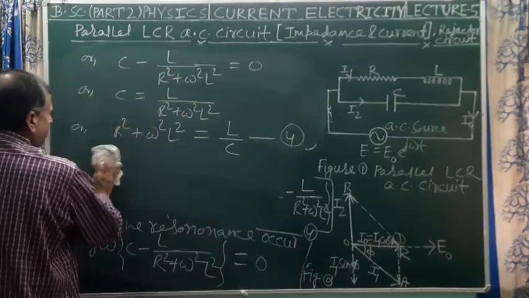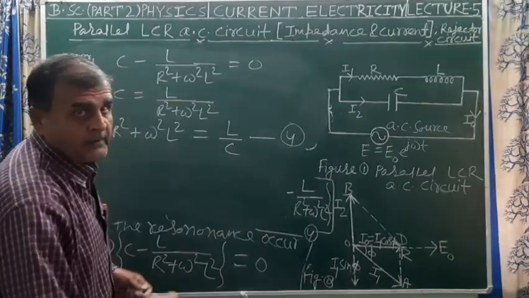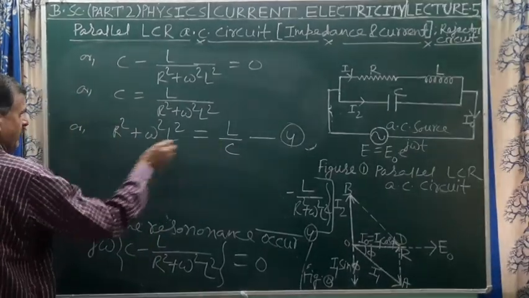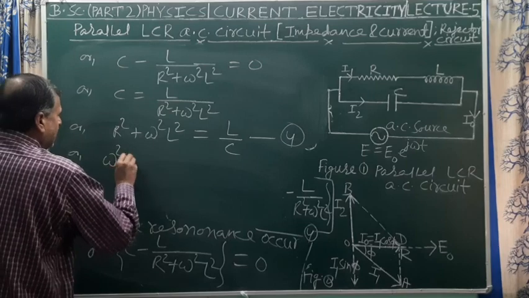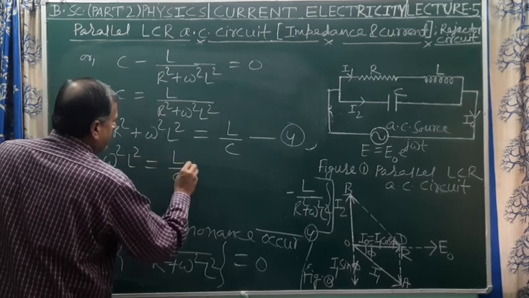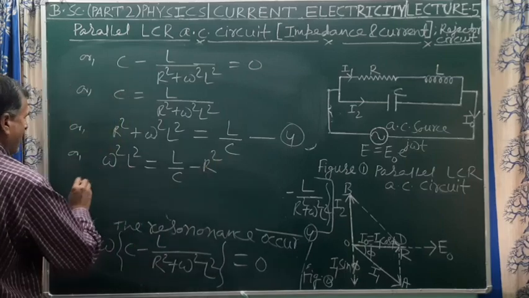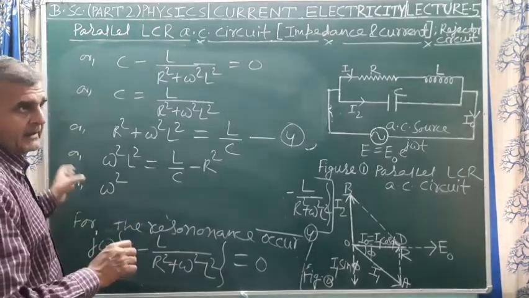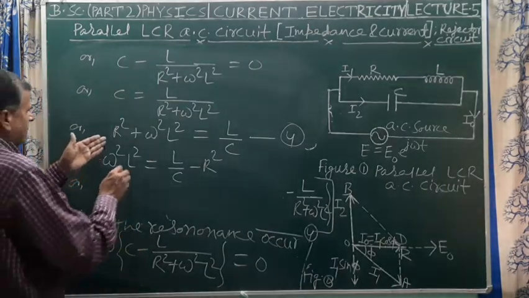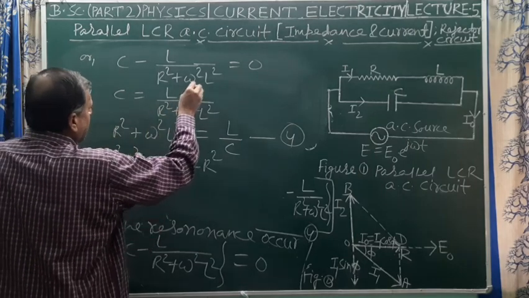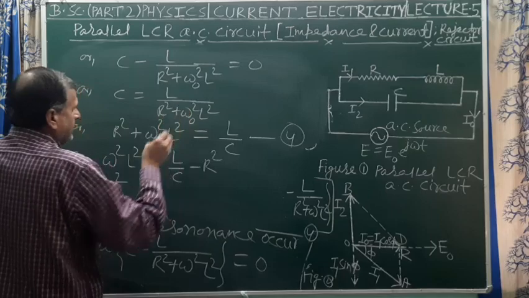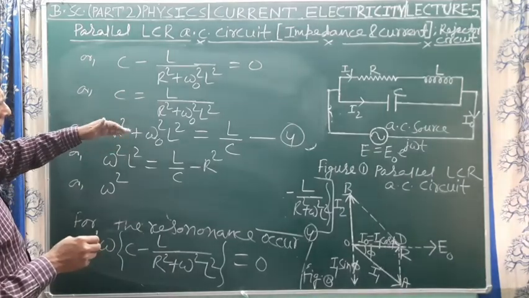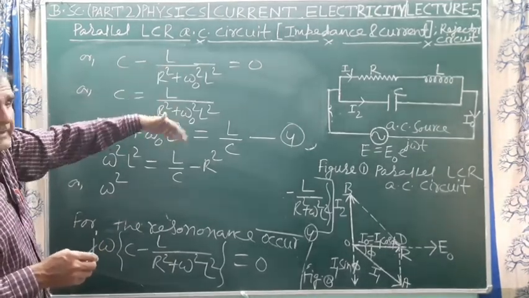Now we will obtain the expression for resonant angular frequency, which is omega naught square. So from equation 4 we have omega square L square equals L upon C minus capital R square, where omega is the angular frequency, and at resonance this omega is represented by omega naught or omega r, which is the resonant angular frequency. So we put omega 0 for omega.